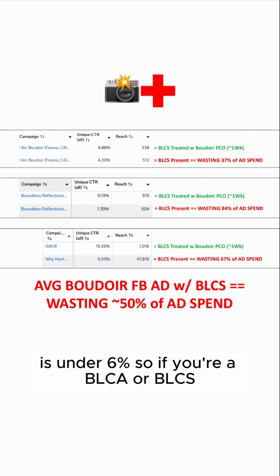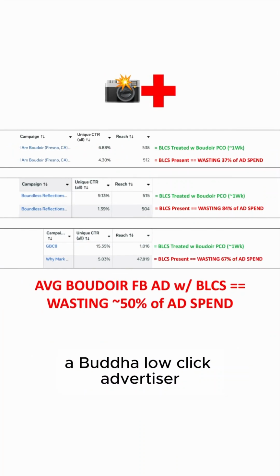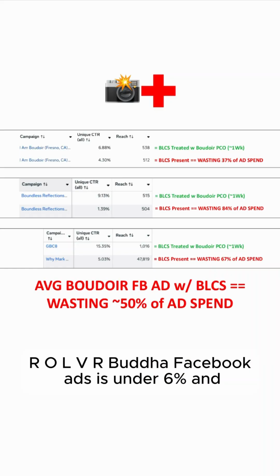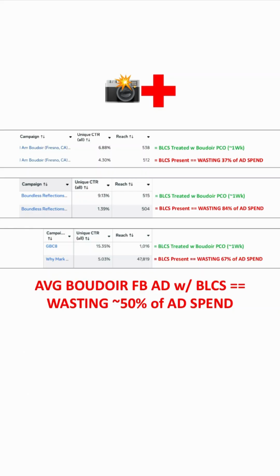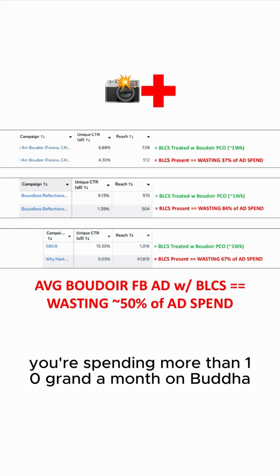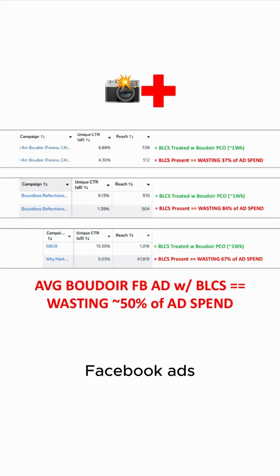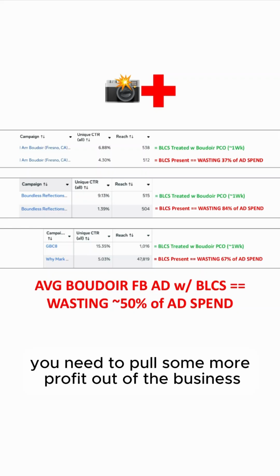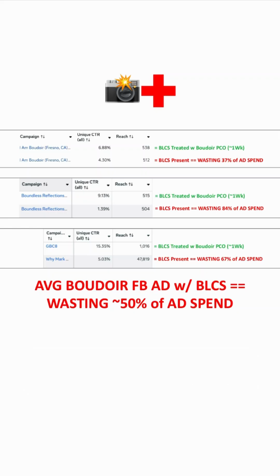So if you're a BLCA with BLCS, a Boudoir low click advertiser with Boudoir low click syndrome, the innate CTR of your Boudoir Facebook ads is under 6%, and you're spending more than 10 grand a month on Boudoir Facebook ads, and you decide you need to pull some more profit out of the business. You've optimized other parts.